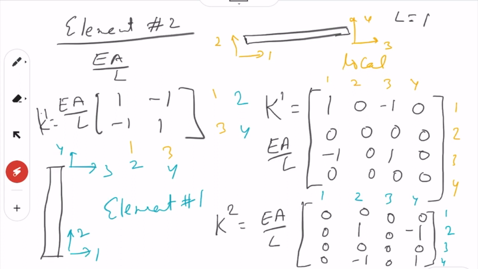So you know that in the global stiffness matrix 4 by 4 system, these only correspond to 4 and 2 only, and hence you can construct this directly. No need to use the rotation matrix R. Okay. So element number 1 has been done.